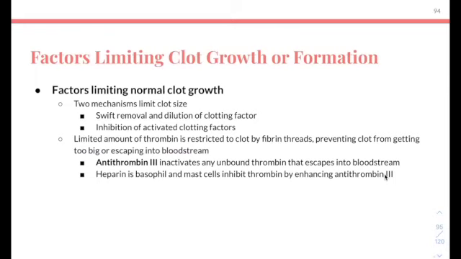We get antithrombin 3, which helps inactivate any unbound thrombin that escapes into the bloodstream. Heparin, from basophils and mast cells, inhibits that thrombin by enhancing antithrombin 3.